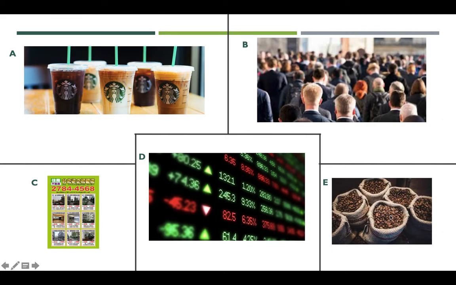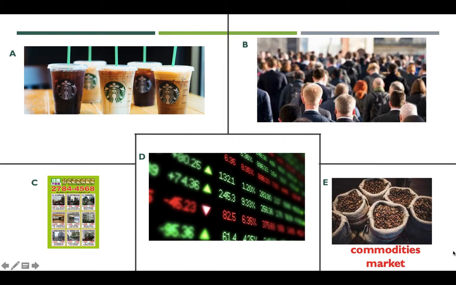I would like to start with picture E. What do you see in picture E? In picture E, you see coffee beans, right? Are there any pictures related to coffee on this slide? Yes, picture A, right? So in picture E, you see the raw material, which is coffee beans, okay? So picture E is what we call a commodities market.